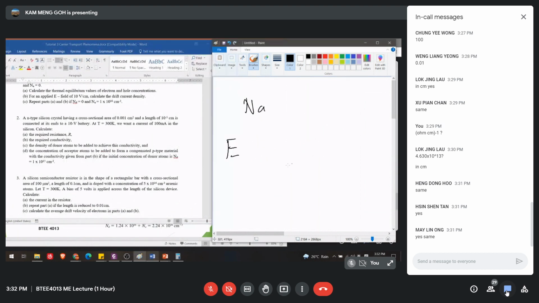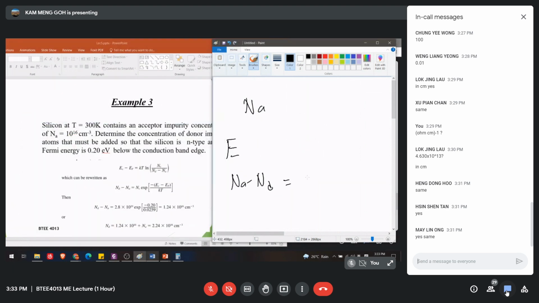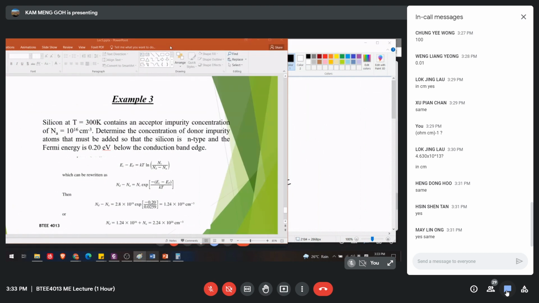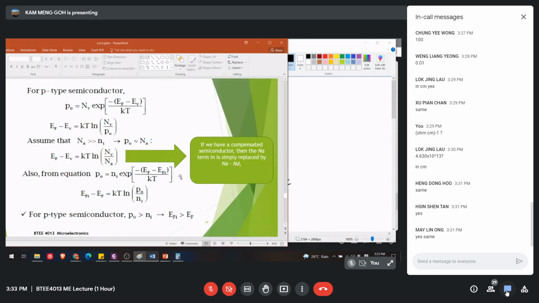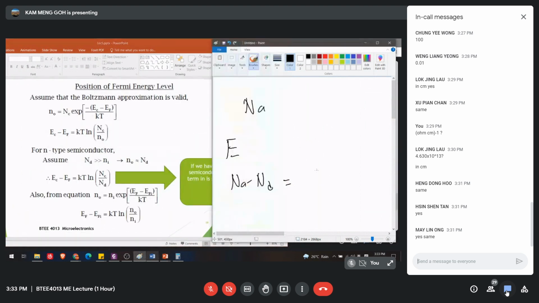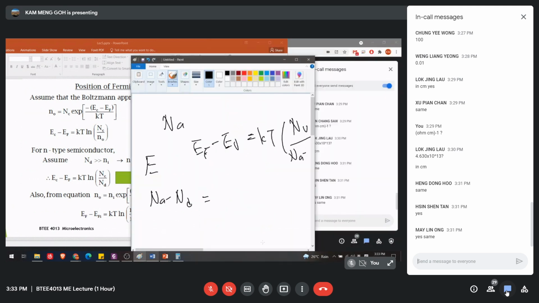If the initial concentration is Nd, then we are using Na minus Nd equals to EF minus EV over KT. So this one is NV and Na minus Nd. We are supposed to do it this way.